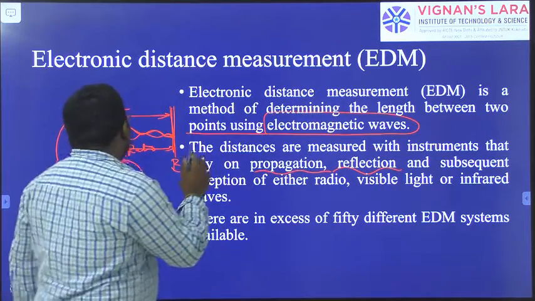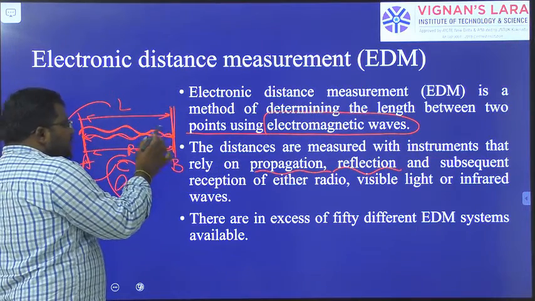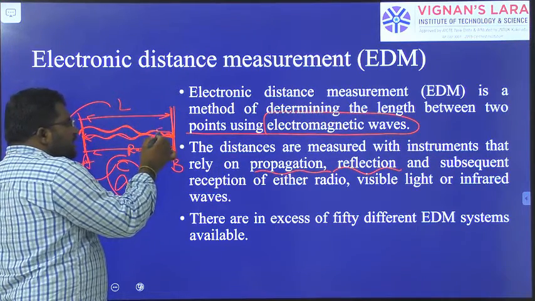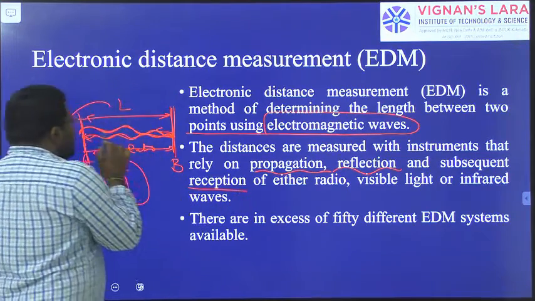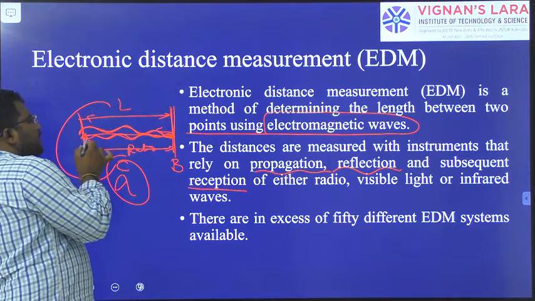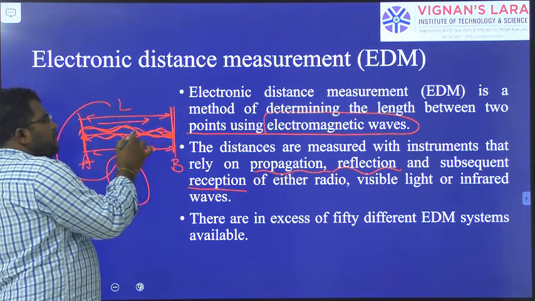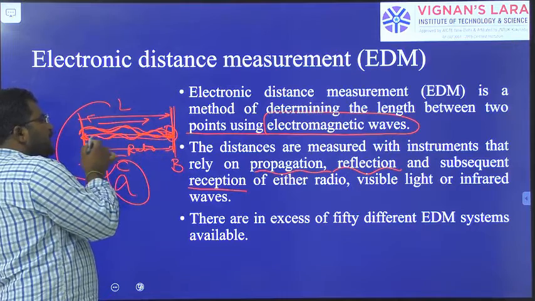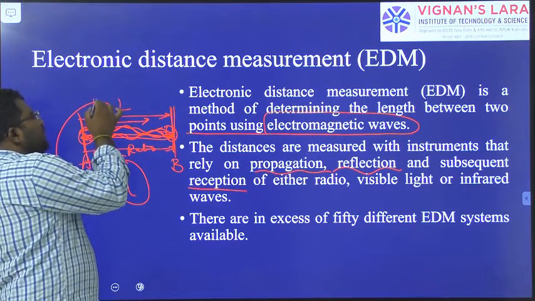First of all, it travels from this point, that is called propagation. Then it has to reflect here, and then subsequent reception. The instrument takes back whatever rays are released from here: it transmits, it reflects, then it comes back and is received here.